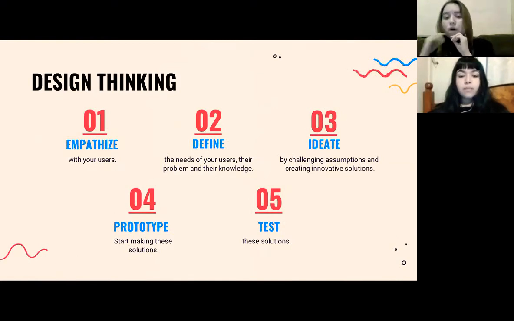Later, we move on to prototype to start making the solution, and finally test the solution. We have already talked about this process on different occasions, but below we are going to define what good design is.